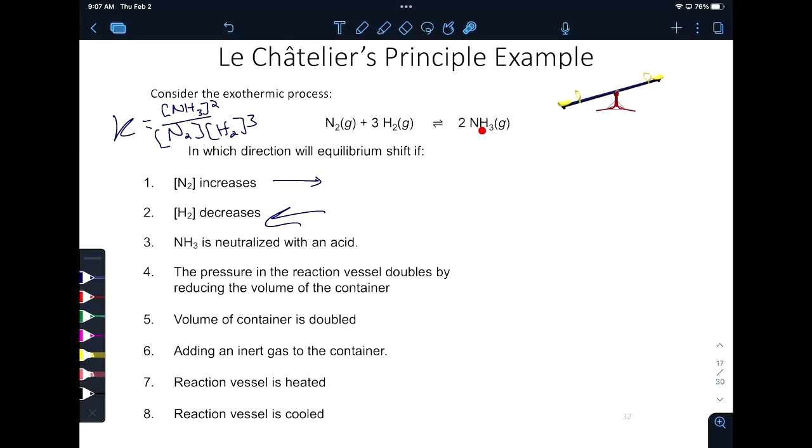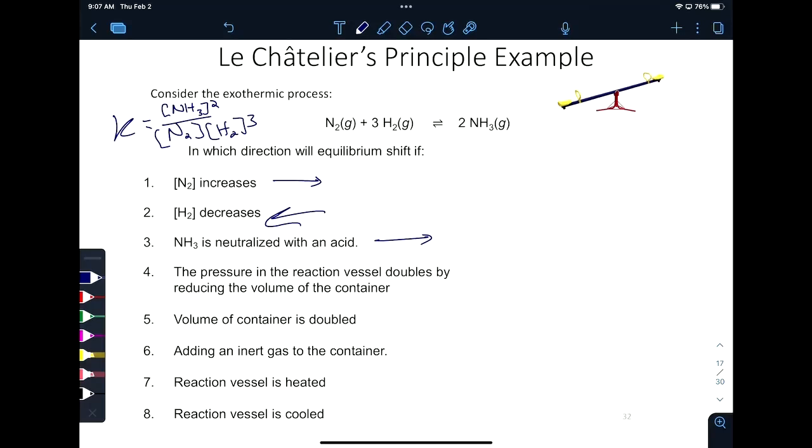Yes, forward. We're basically saying NH3 decreases in concentration because we're neutralizing some of it, converting it into something else. So the equilibrium will try to reestablish itself by filling that void that we created. It'll go in the forward direction.